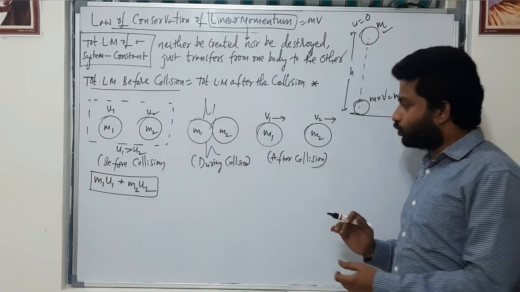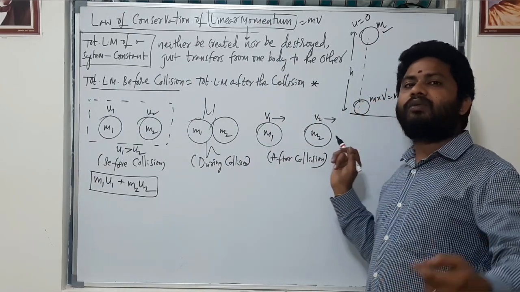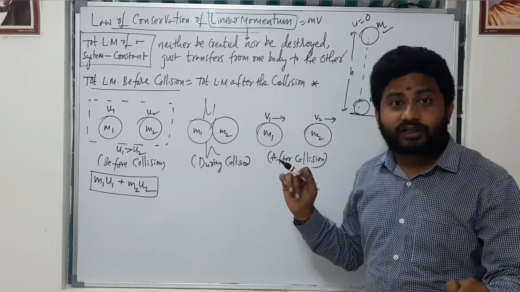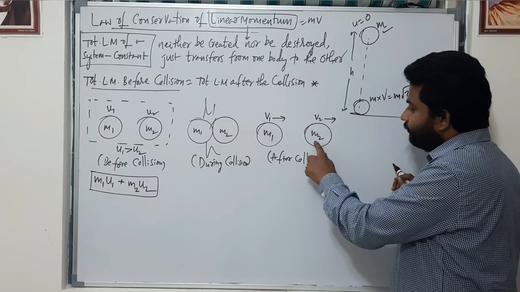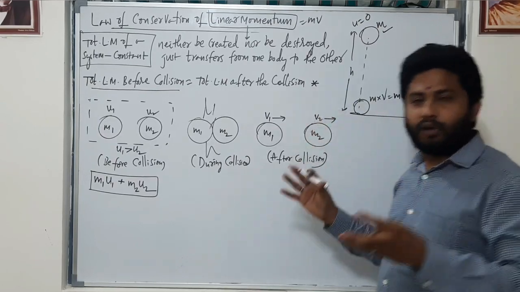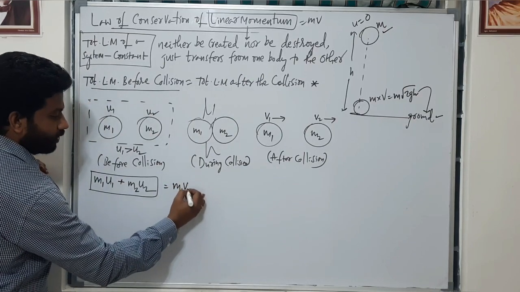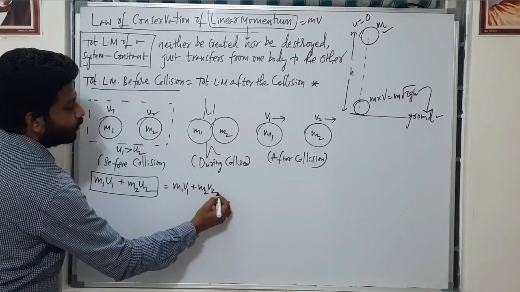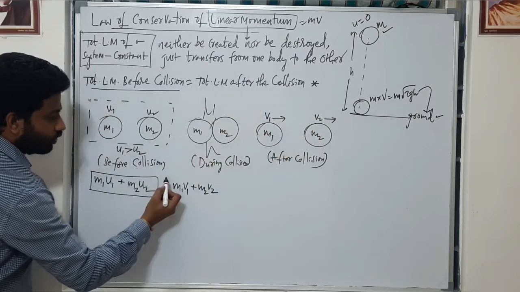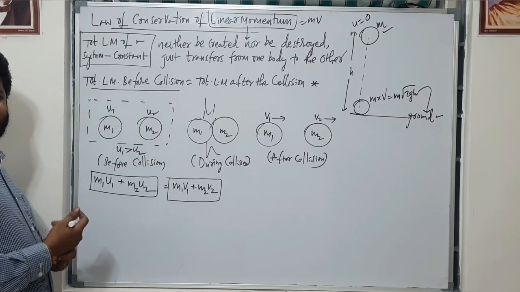After the collision also, there is a total linear momentum that you can check here. The total linear momentum of the system after the collision is m1 v1 plus m2 v2, right? This is the total linear momentum of the system after the collision.